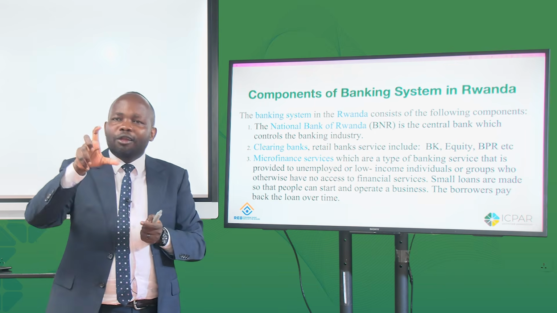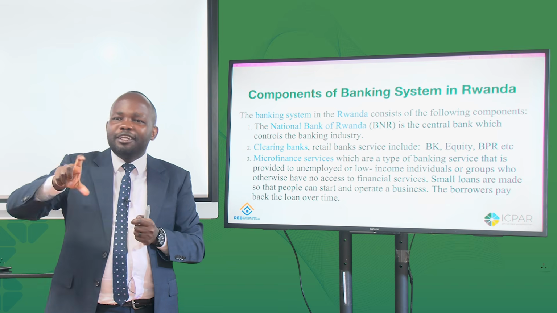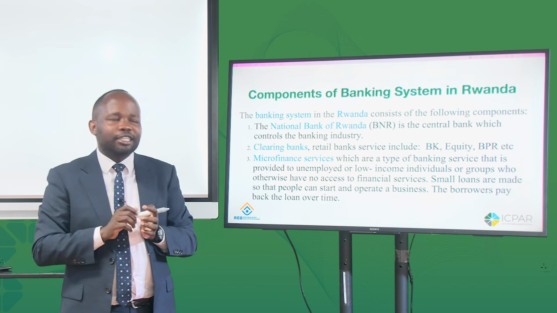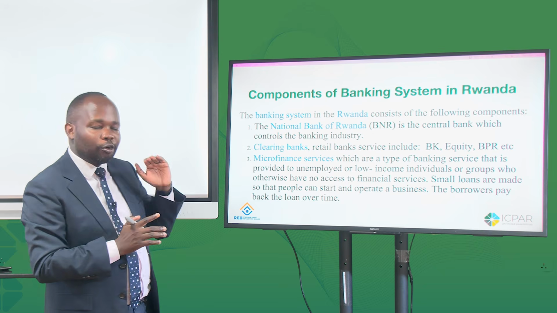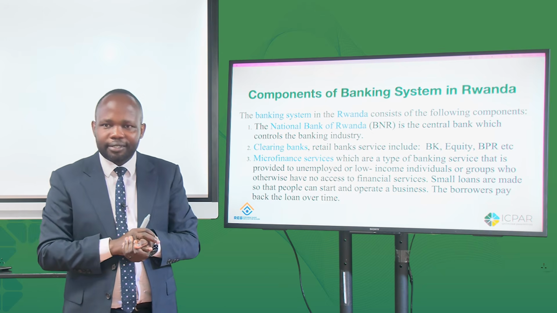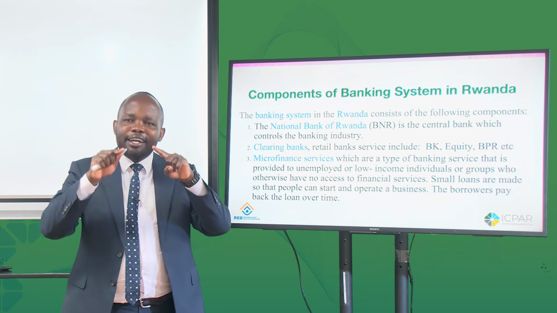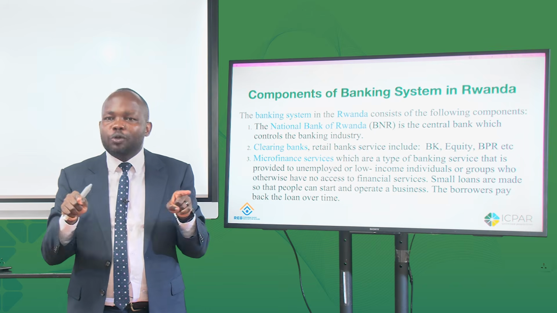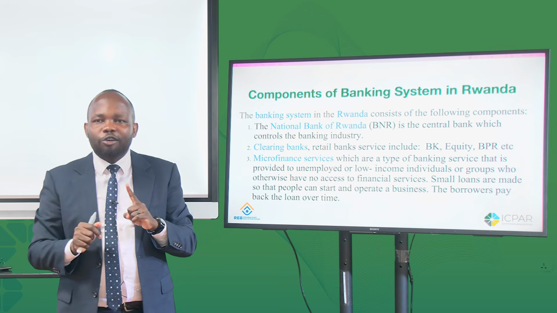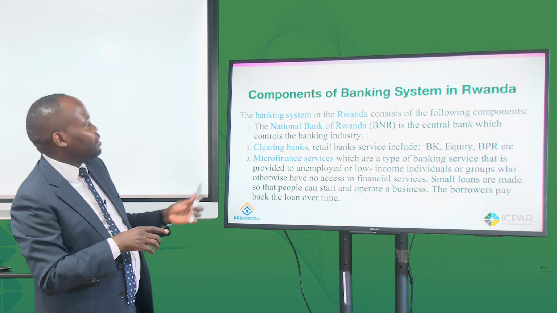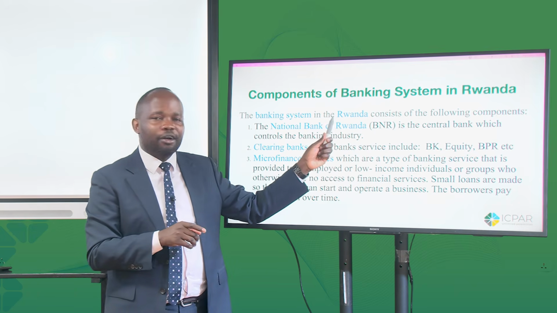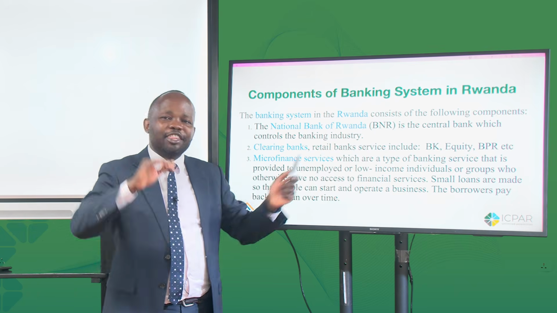What is that cycle? What is the link between the banking institutions in Rwanda? The banking system in Rwanda consists of 3 major levels. Number 1, there is the regulator of banks in Rwanda, which is called the Central Bank, or BNR, the National Bank of Rwanda, which is at the top.